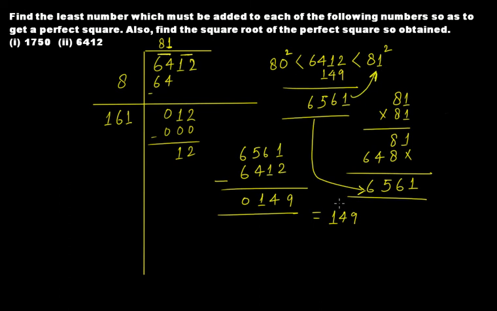So if you add 149 to this number, that is 6412, then you get 6561. That is a square number now in this case. And what's the square root? Since 81 squared is equal to 6561, it means that the square root will be 81 in this case.